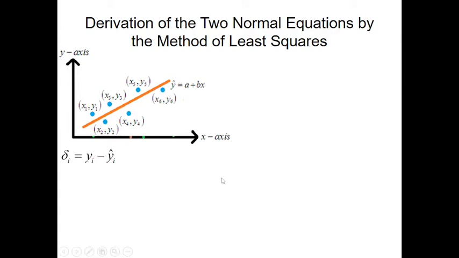Okay? So, yung deviation na yan, kukunin natin ngayon yung E, sum of the squares of the deviation. So, sabi natin, yung E is a measure of how well the line fits the set of points as a whole.